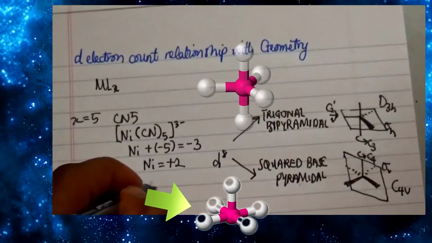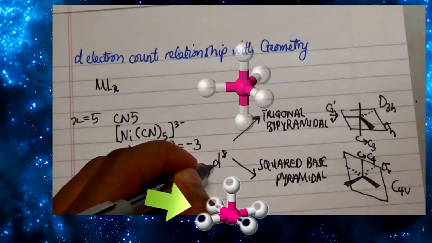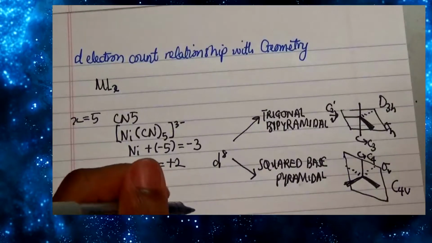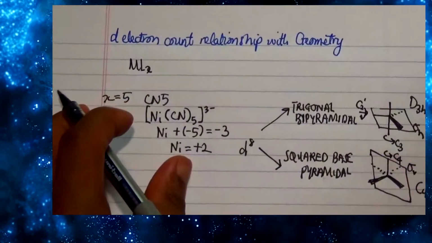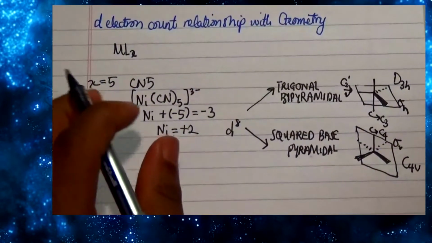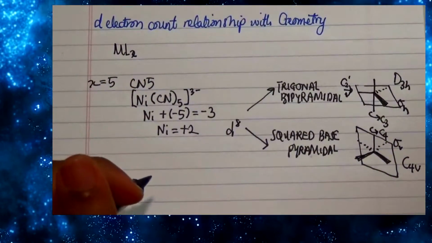Now in this particular case, since nickel has d8, there's another important example which we are going to look at, relating to how this compound behaves in an NMR study.